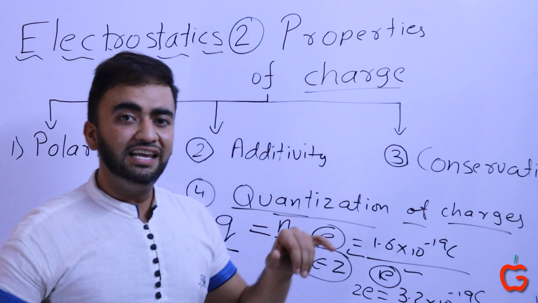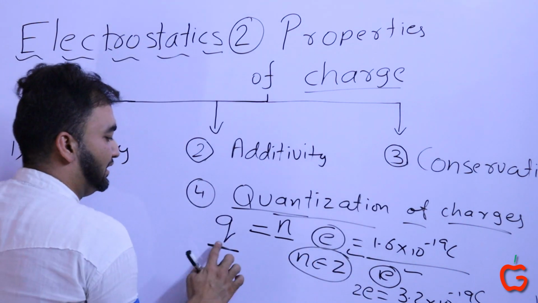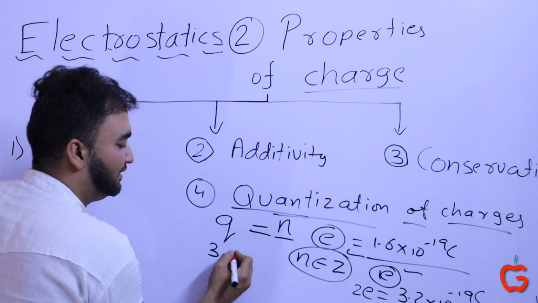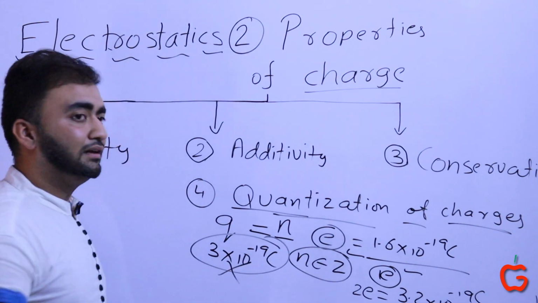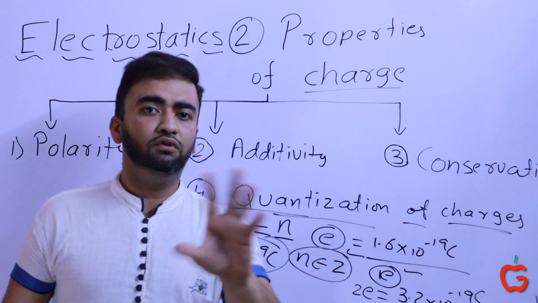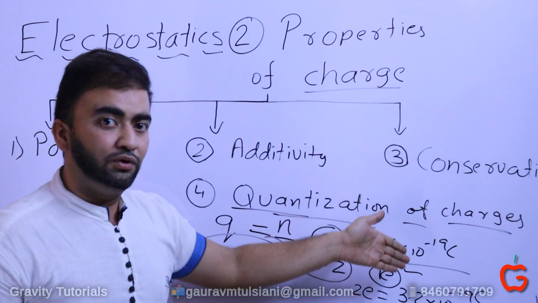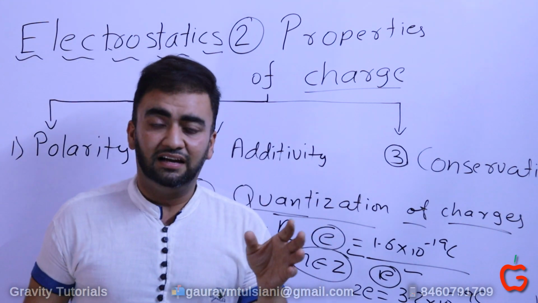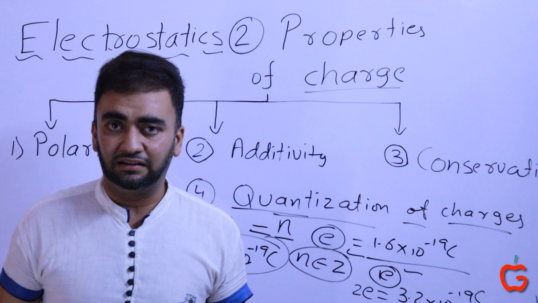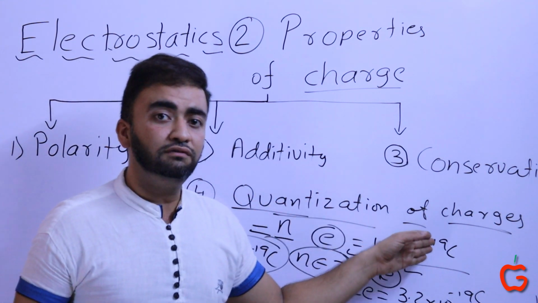A charge can be 3e, 4.8 into 10 raised to minus 19 coulomb. A charge can never be 3 into 10 raised to minus 19 coulomb. This is not possible. A charge cannot take the value 4 into 10 raised to minus 19 coulomb. No, 4 does not come in the table of 1.6. So only those charges are present freely in nature which take integral multiples of 1.6.